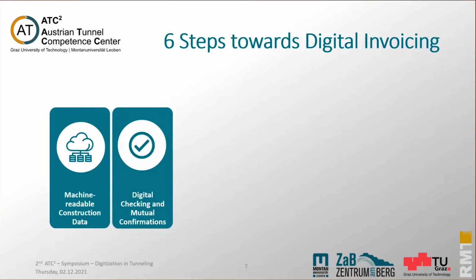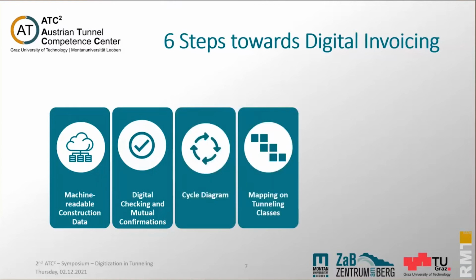This step needs to be integrated in general in every digital data management system we will use on construction sites in future. So when the data is checked and confirmed, the cycle diagram can be generated automatically, and the actual tunneling classes can be mapped with the contracted tunneling classes.